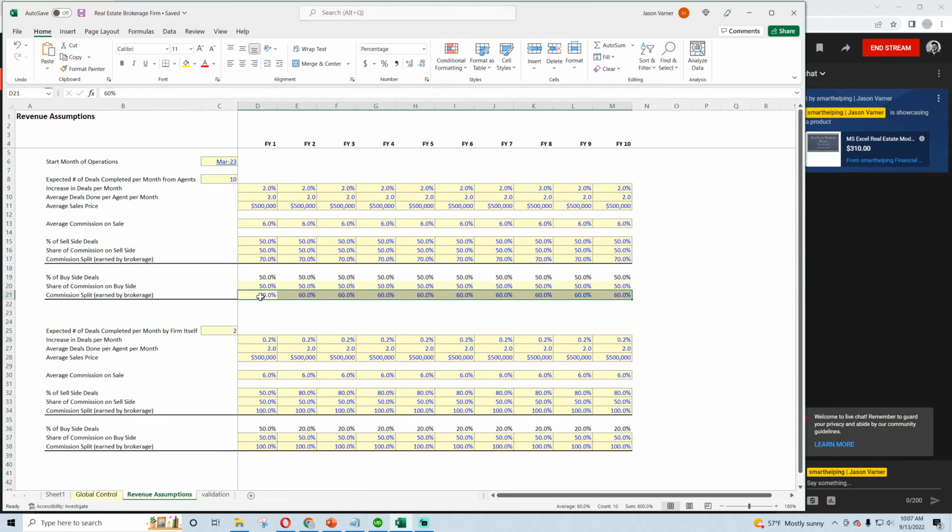Okay, so deal volume is that, and then we have total commissions, which will be this deal volume times. Now, on the sources I was reading yesterday, it was saying the average commission is between 5 and 7%.